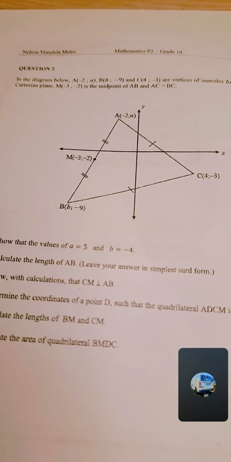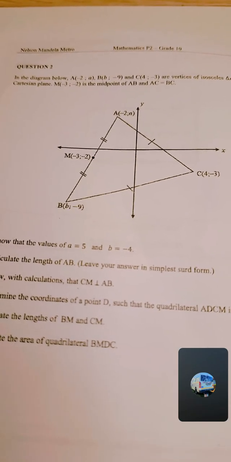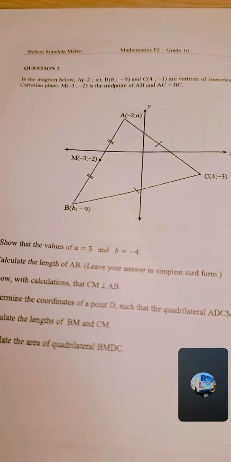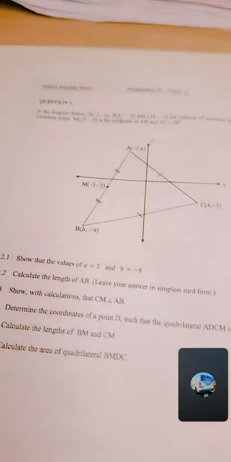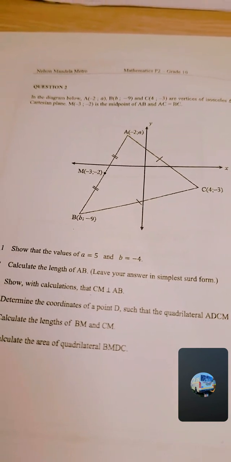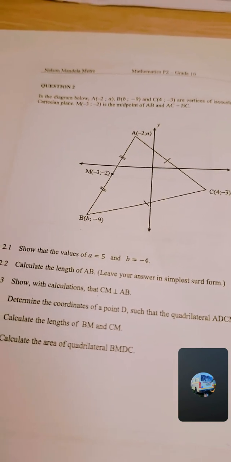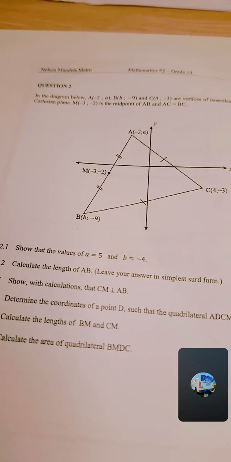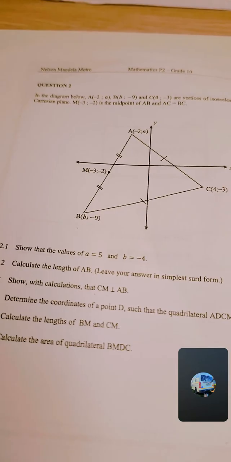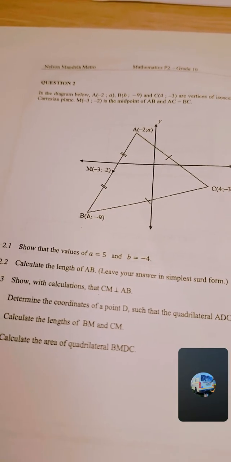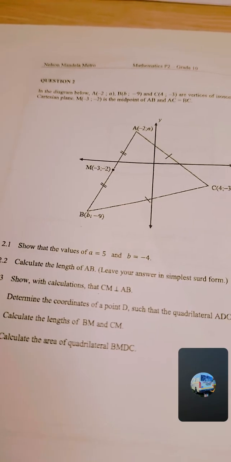The problem is we don't have the x-intercept of. So I'm going to rough sketch this thing for you. The M, which is negative, so M is equal to -3 and -2.